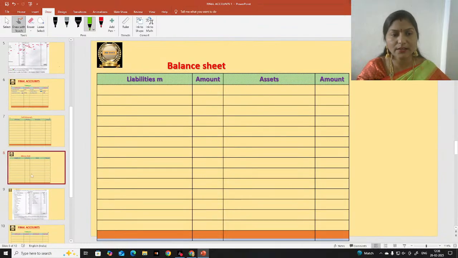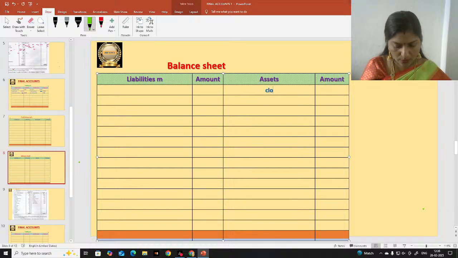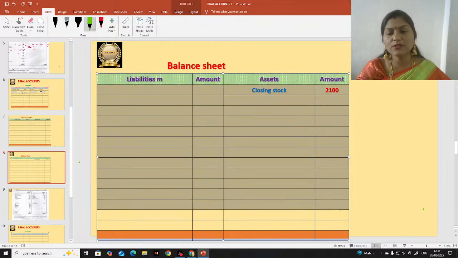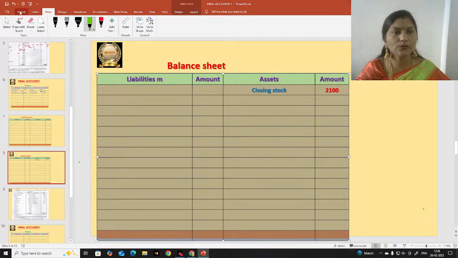So let us record in the balance sheet on the asset side. Closing stock, amount column 2,100. Okay, so adjustments always should be recorded two times, students.